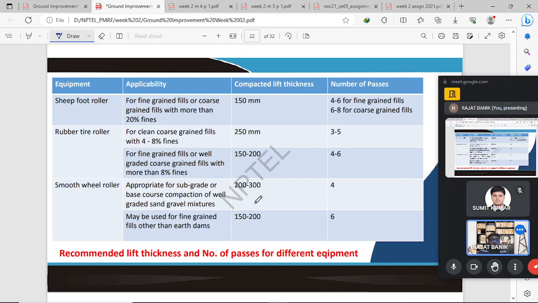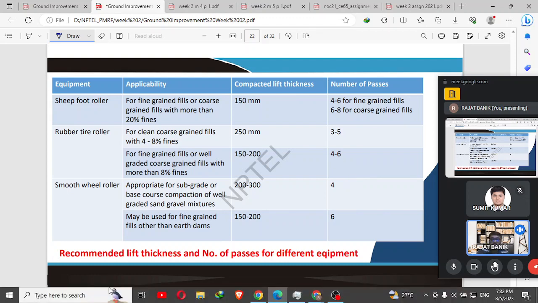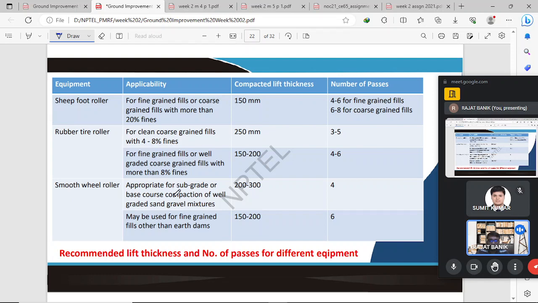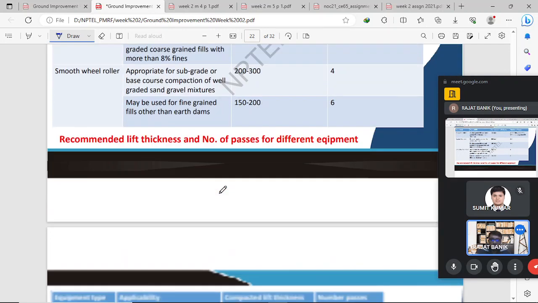But if we apply more passes, the lift thickness is more. So it is appropriate for subgrade or base course compaction of well graded sand gravel mixture, and may also be used for fine grained soils other than the ones mentioned.